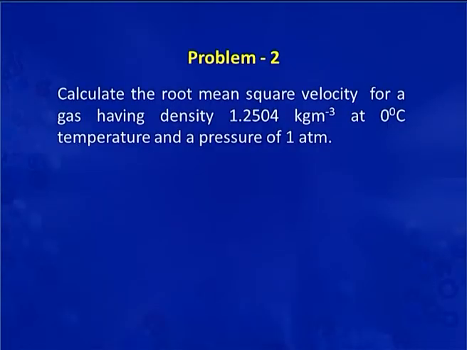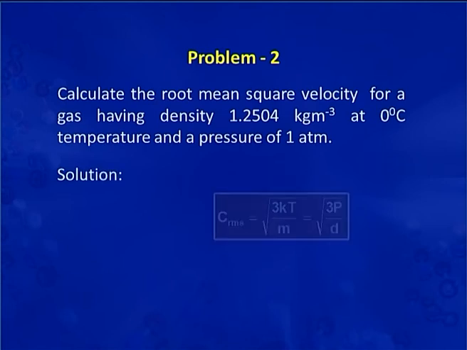I have another problem for you. Just calculate the root mean square velocity for a gas having density 1.2504 kg per meter cube at 0 degree centigrade temperature and a pressure of 1 atmosphere. So, the solution is here.